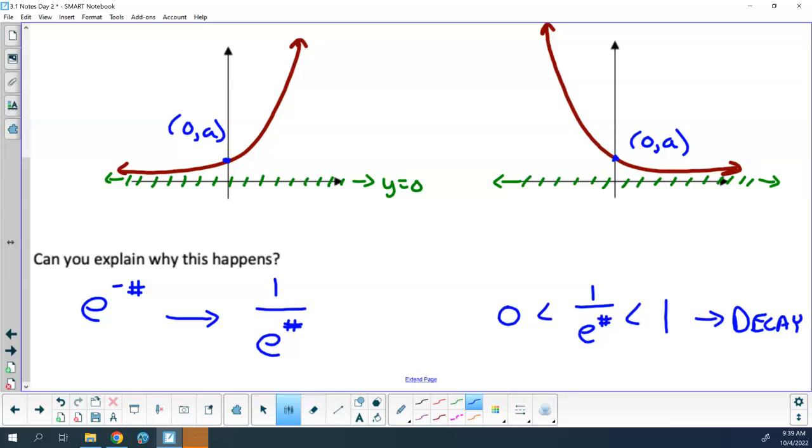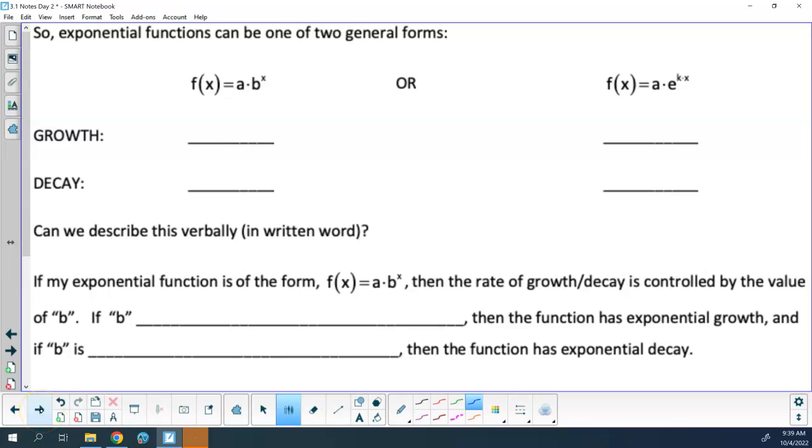So let's compare the two. Let's compare Friday to what we just learned. On Friday, we learned that if it's a growth function, then our b is greater than 1. What we just learned is it's a growth function if k is positive.